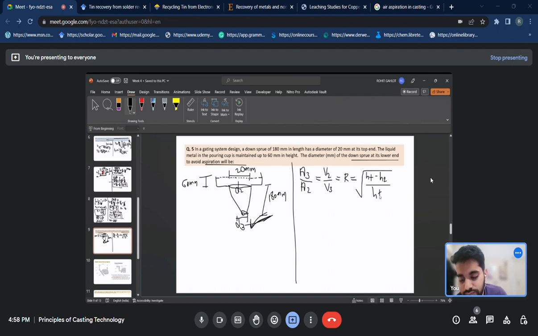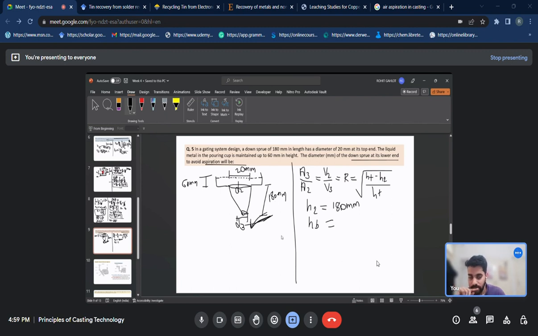Here H2 is the sprue height, which we know is 180 mm. HT will be equal to 180 plus 60.